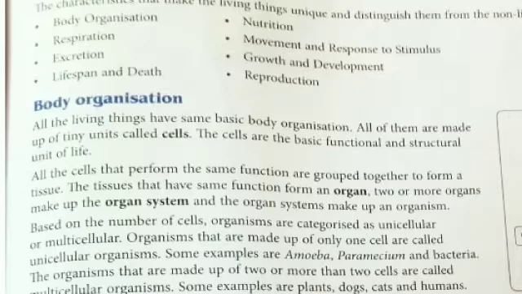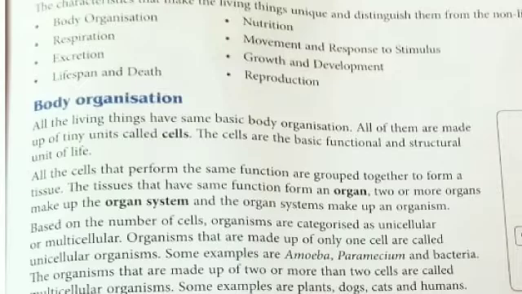The tissues that have the same function form an organ. बहुत सारा टिश्यू मिलके organ बनाता है. Two or more organs unite and make an organ system.